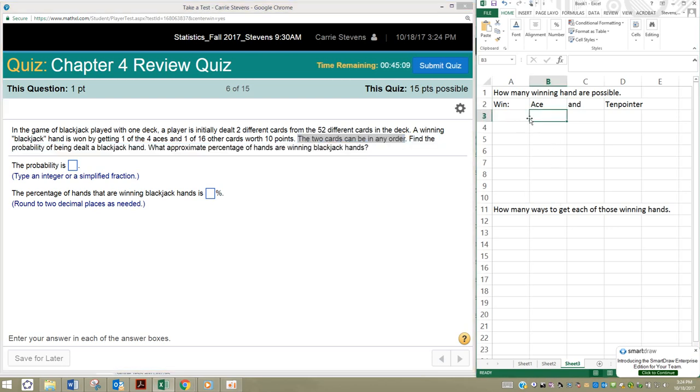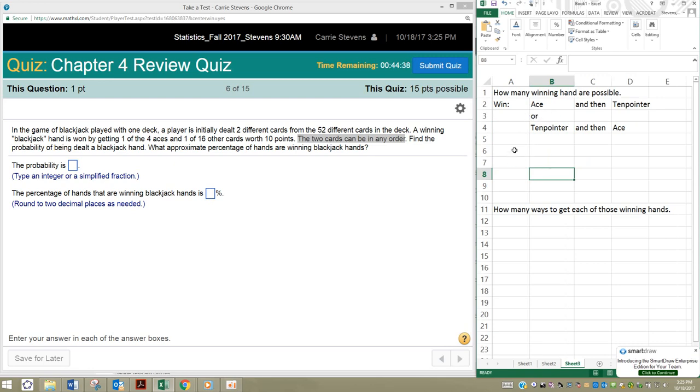So I could also draw a 10-pointer and then an ace. I have to keep this in mind when thinking about how many winning hands are possible, because that's two separate types of winning hands. Either one of these would be favorable.